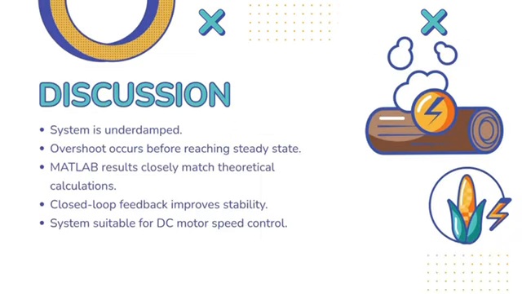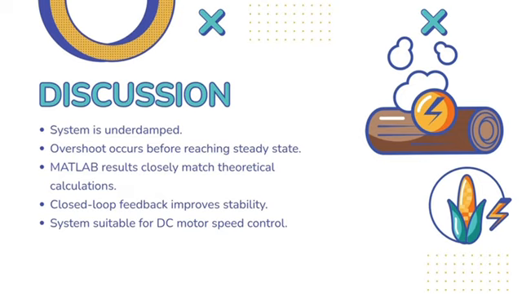Next, my name is Muhammad Adham. I will discuss the results obtained from our DC motor speed control system. Based on the response graph, the system is underdamped, which means the output reaches the desired value with some oscillation. We can also observe that there is an overshoot before the system reaches its steady state. It is a normal characteristic of an underdamped second order system.